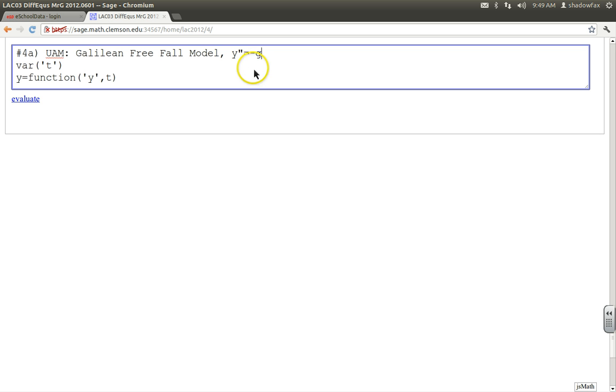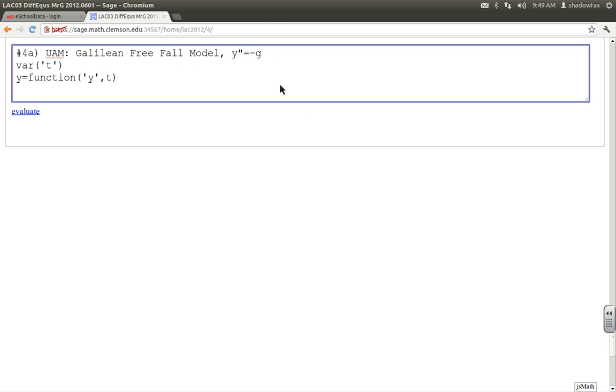Okay, so how do we solve that differential equation? I want to solve this differential equation. dE solve what? Y double prime. How do you write y double prime? All right, diff of y comma t comma 2, right.